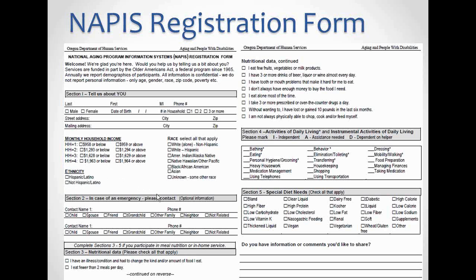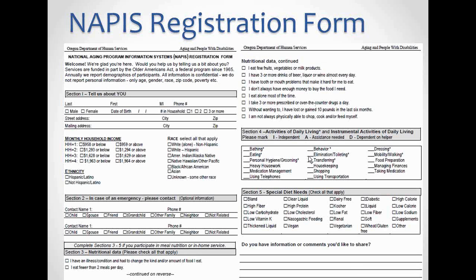Now, beyond here, this section is actually optional information, and this is contact information. Then down here begins our nutritional data, in which we can determine indeed, whoops, I moved my mouse, determine if they are at nutritional risk or not. So we have those 10 questions.